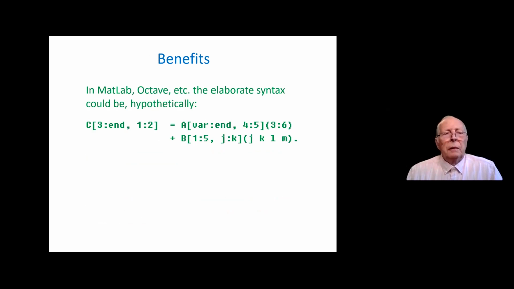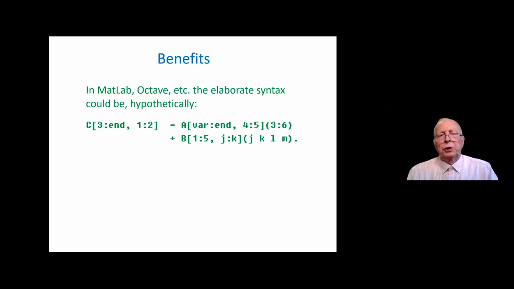Here's a comparison. In the matrix languages, MATLAB and Octave, they have very elaborate syntax available. I've made a hypothetical demonstration here that probably is not realistic, but it shows you the interlocking parameters, brackets, and parentheses, and that nest.